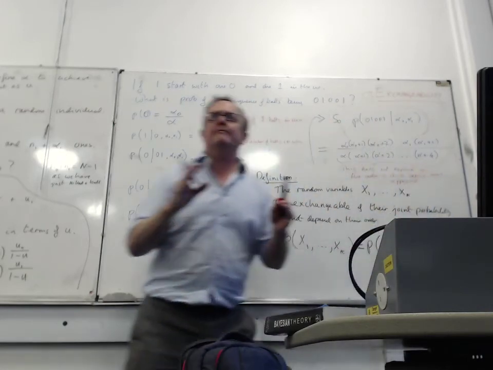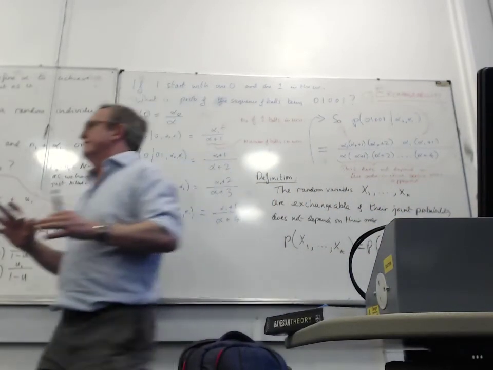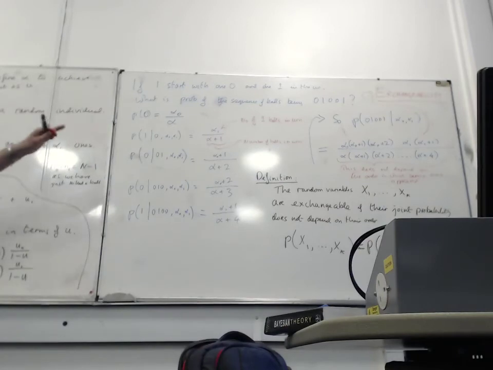Okay? Now, this exchangeability property enables us to do something slick. Exchangeability is fundamental in Bayesian inference, but it's going to enable us to do something slick.